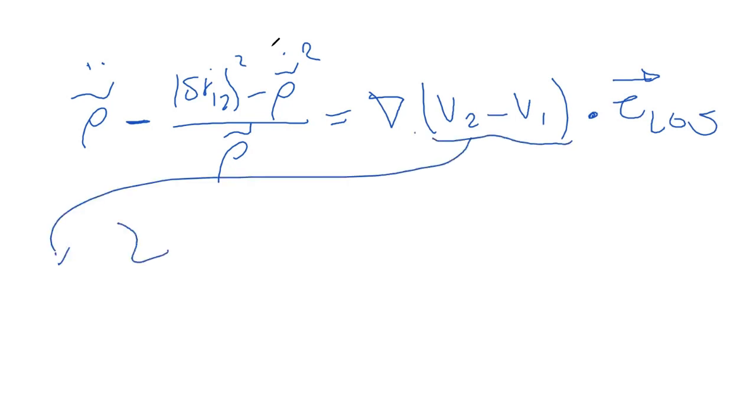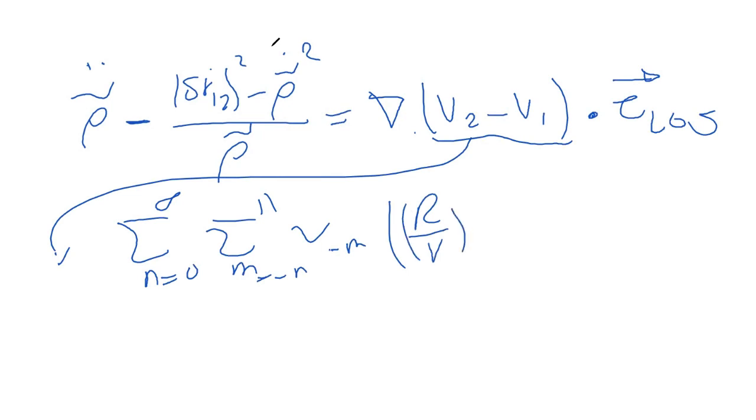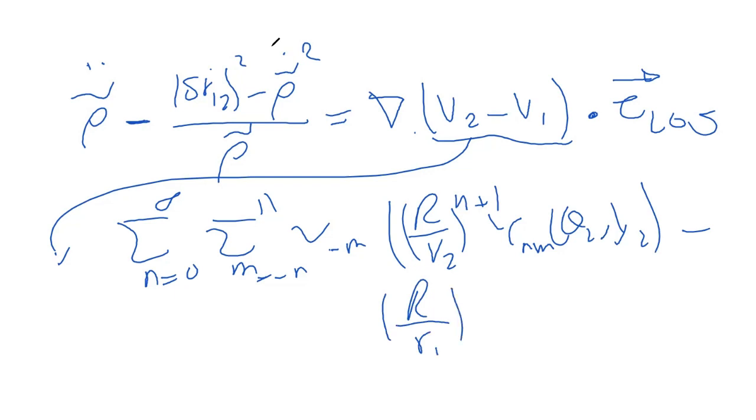If you remember, from 0 to infinity, I can write it a little bit differently like this: V nm, R over R2 to the n plus 1, Y nm of theta 2 lambda 2, minus R over R1 to the n plus 1, Y nm of theta 1 lambda 1.